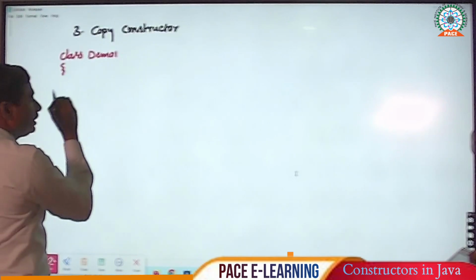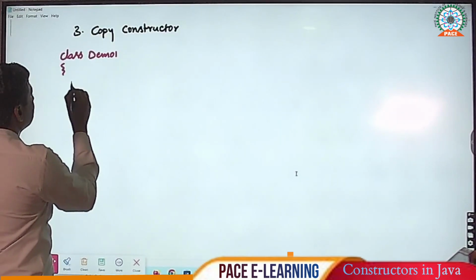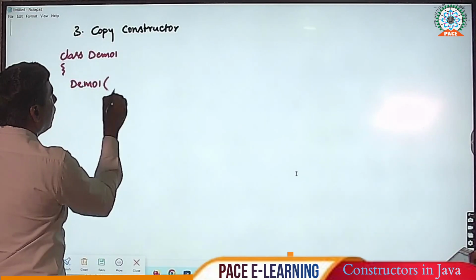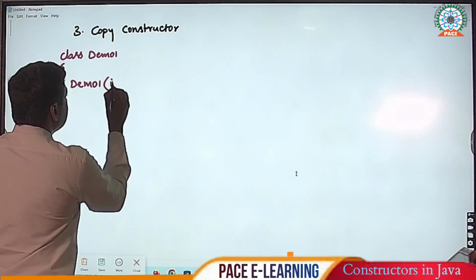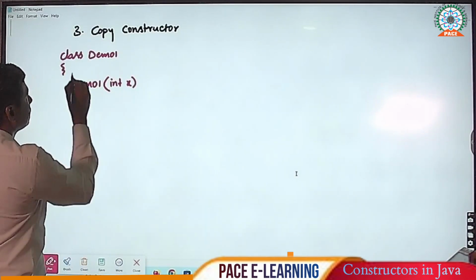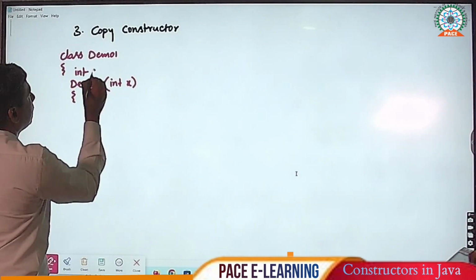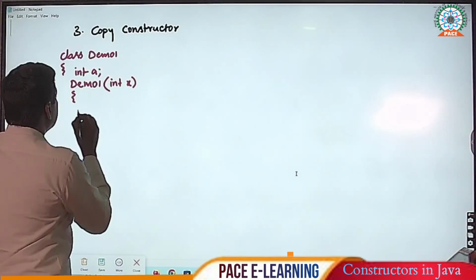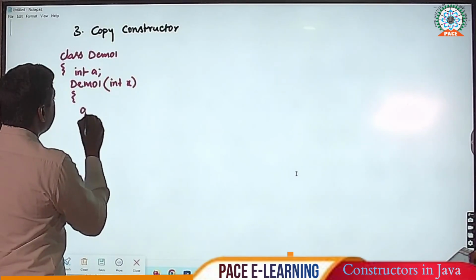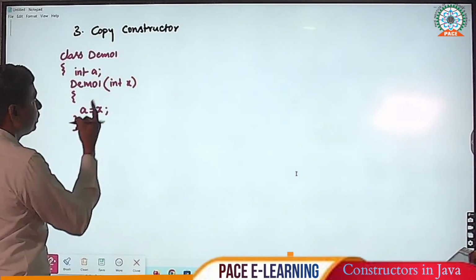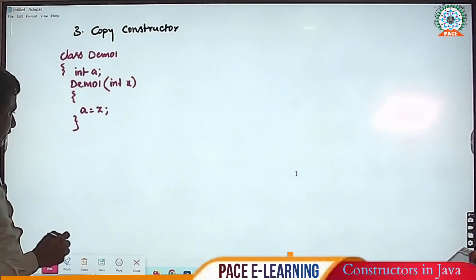Here I am writing one constructor, demo 1 of int x. Inside this, of course, I am declaring a variable A. A is the property. I am assigning this x value into A. So you know that it is a parameterized constructor.